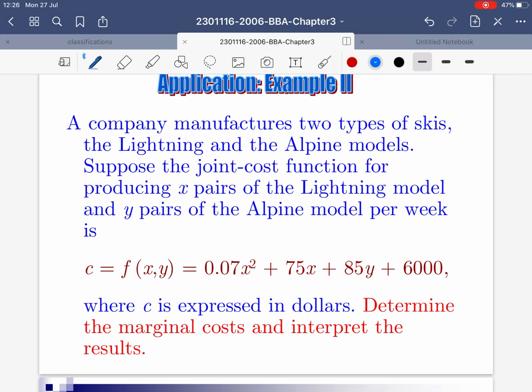Here it is pretty straightforward. This one is the marginal cost with respect to x.